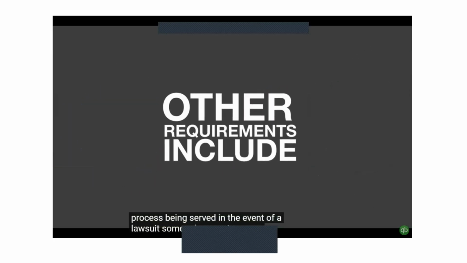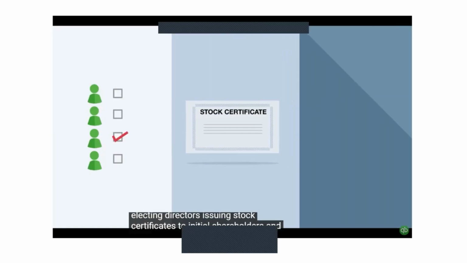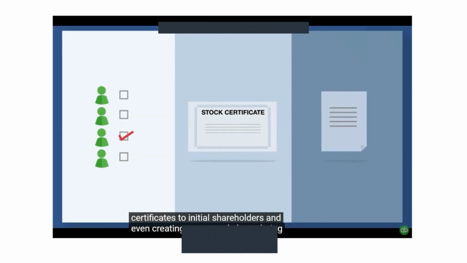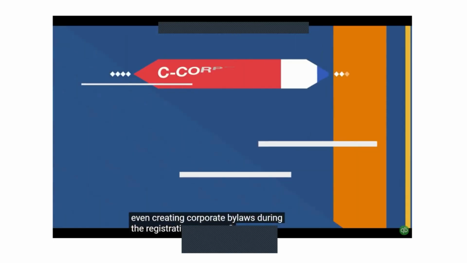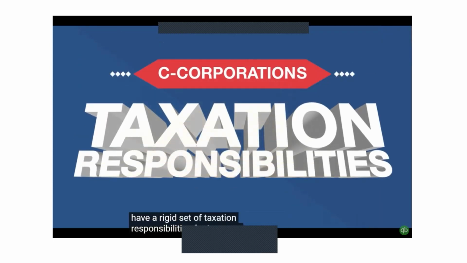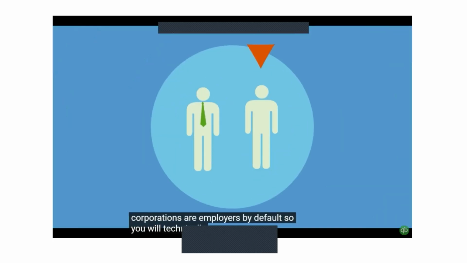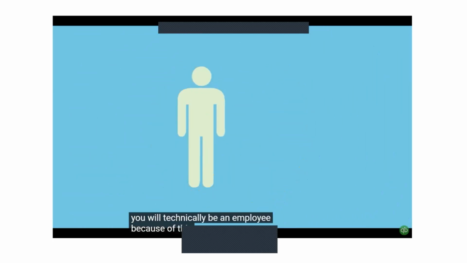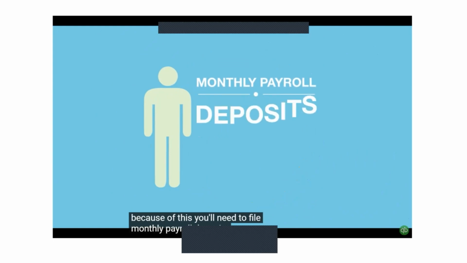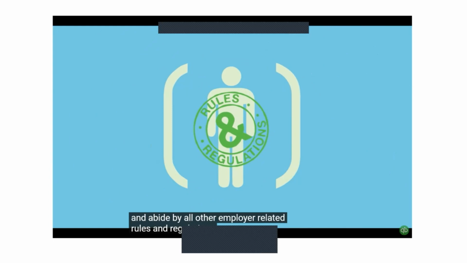Some other requirements include electing directors, issuing stock certificates to initial shareholders, and even creating corporate bylaws during the registration process. C corporations have a rigid set of taxation responsibilities. For instance, C corporations are employers by default, so you will technically be an employee. Because of this, you'll need to file monthly payroll deposits your first year and abide by all other employer-related rules and regulations.